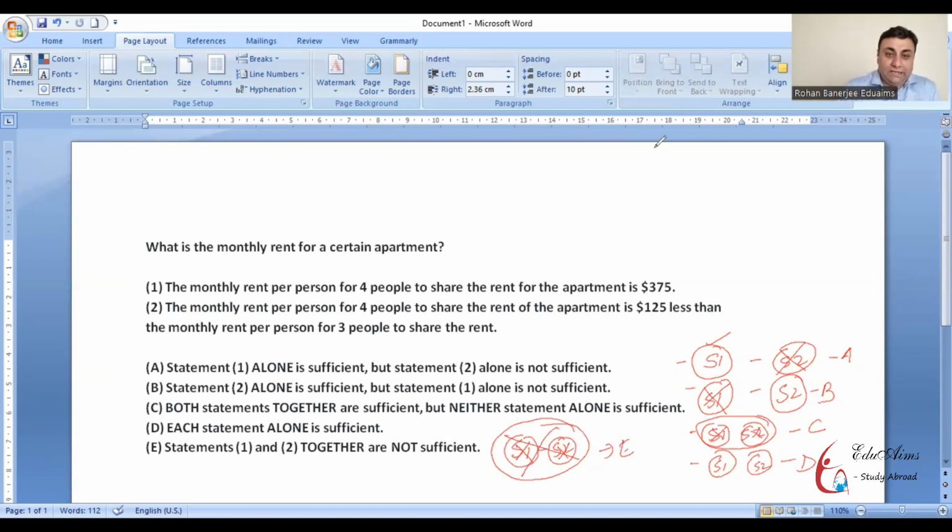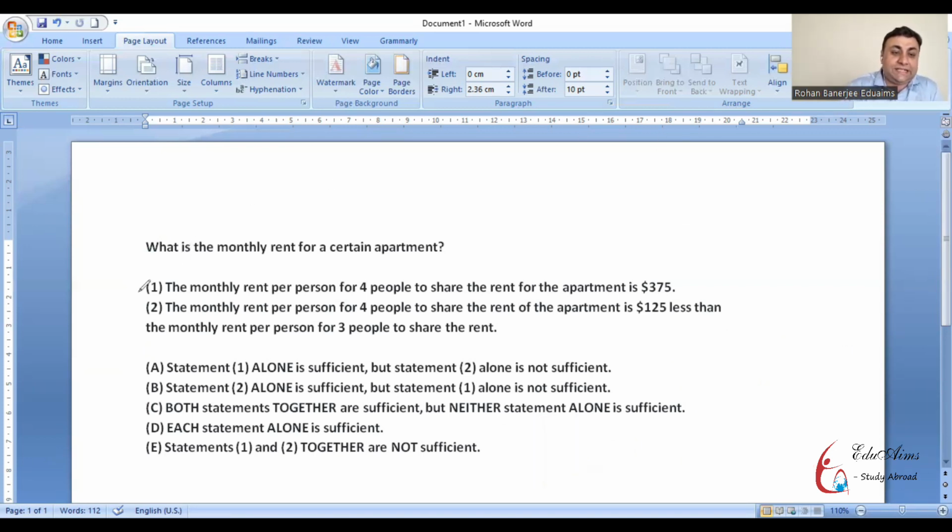Okay, now let's analyze each of these statements and see which of the 5 will be your answer. The first statement says the monthly rent per person for 4 people to share the rent for the apartment is $375. So basically the per person share is $375.